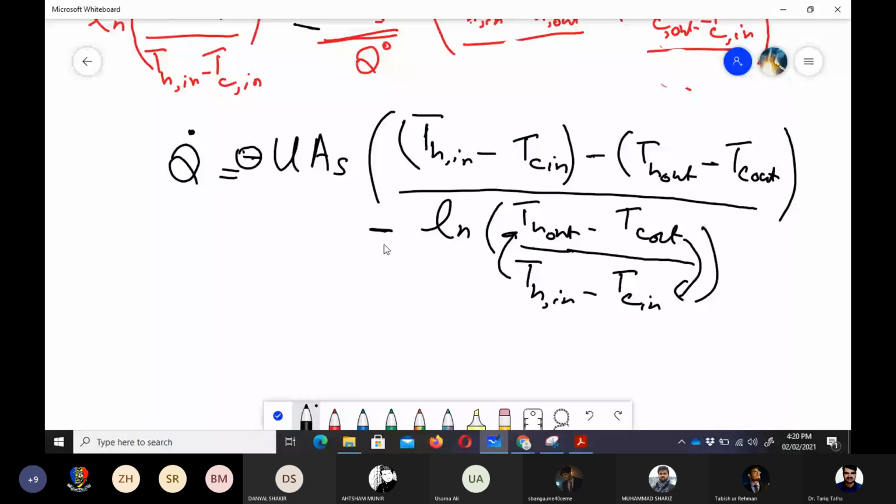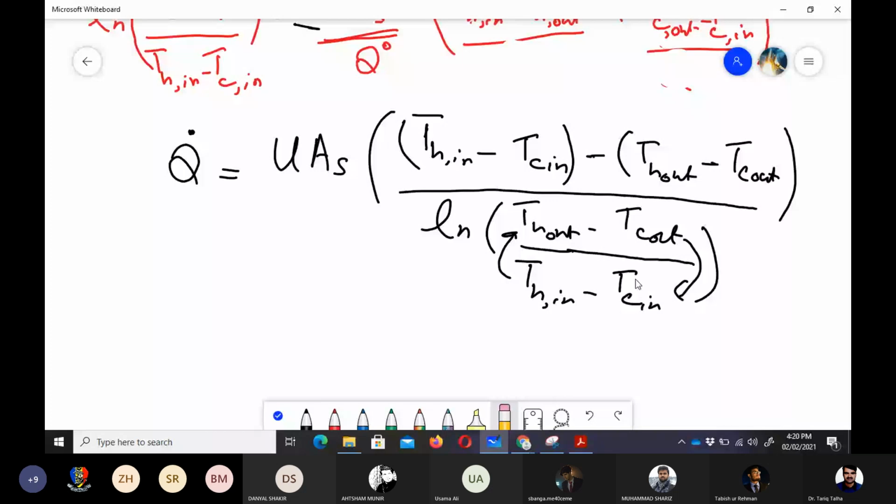So we can make it positive by switching the denominator with the numerator and vice versa.